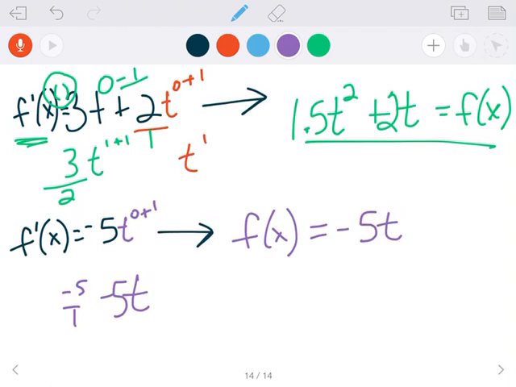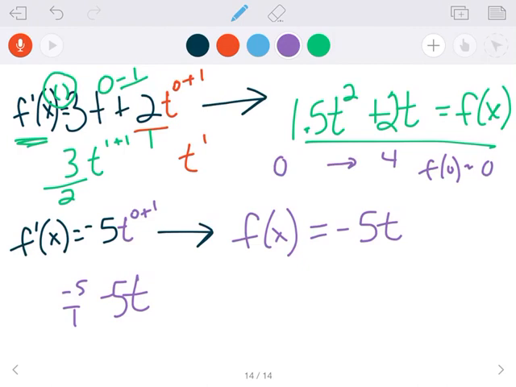Now, if we want to calculate the distance traveled here, we are talking about distance traveled from time 0 to time 4. So if we plug in 0 to that function, we get 0 because t squared is 0 and 2t is 0 when you multiply them. 0 plus 0, 0.